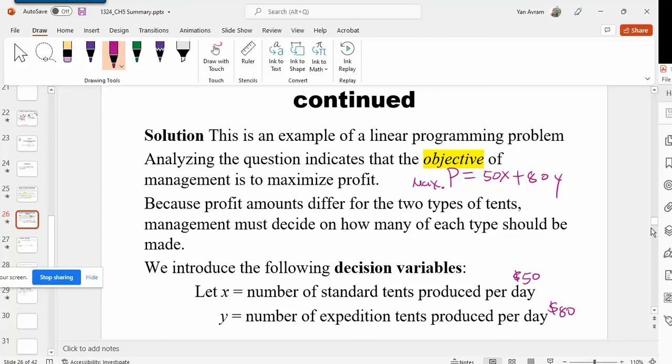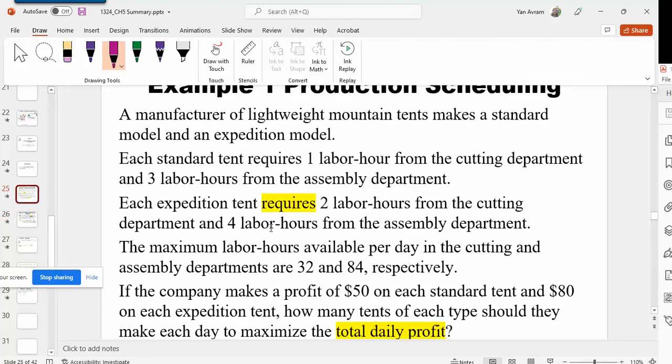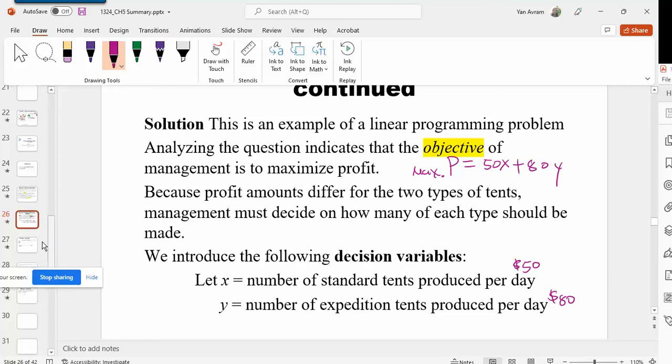So that is the whole objective for this problem, and then we have to look at the availability: the cutting department can have 32 hours, and the assembling department can have 84 hours. Then we see how many we can make. It will be really easy to make a table.